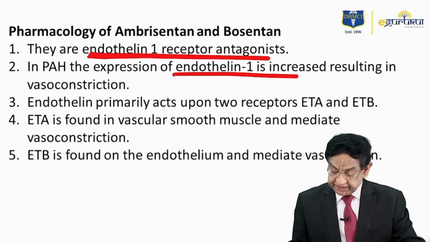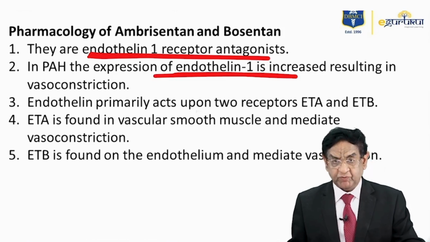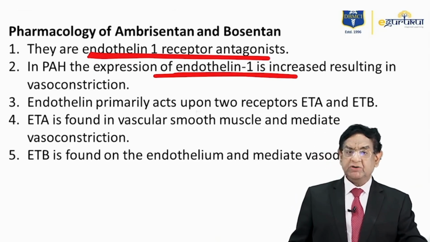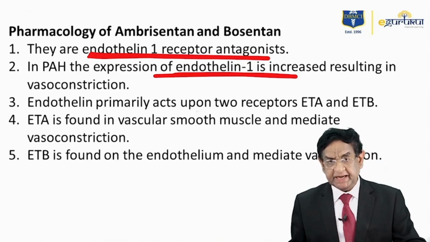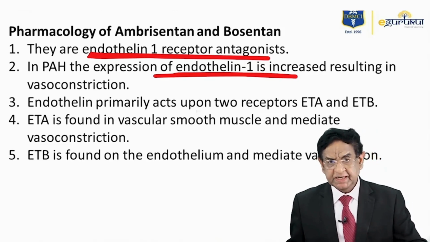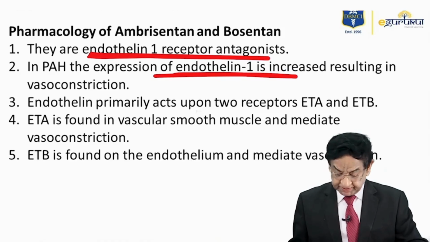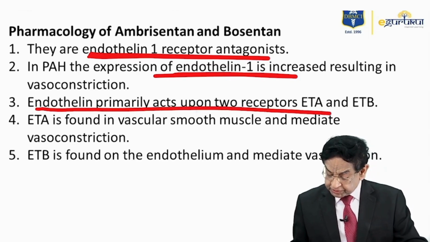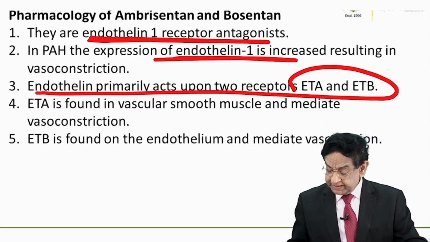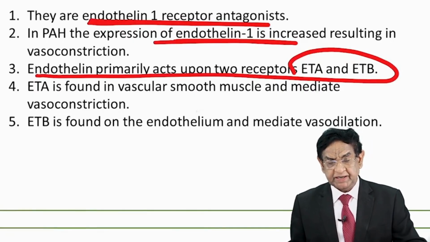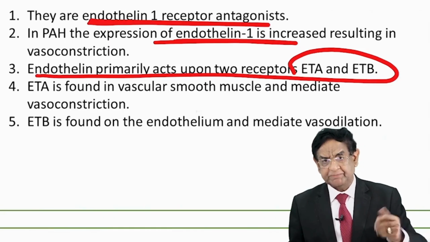When there is increased expression of endothelin 1, that leads to intense vasoconstriction, and that causes PAH, and they are going to block these receptors. A little bit more about the receptor. Endothelin acts on two receptors, ETA and ETB. Endothelin A and endothelin B. The two receptors are there.